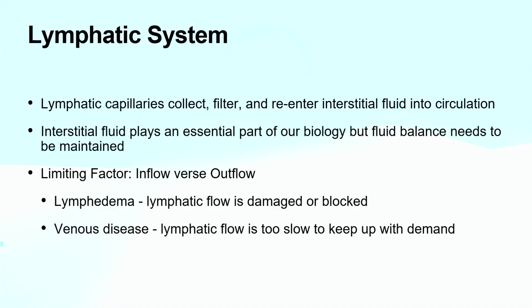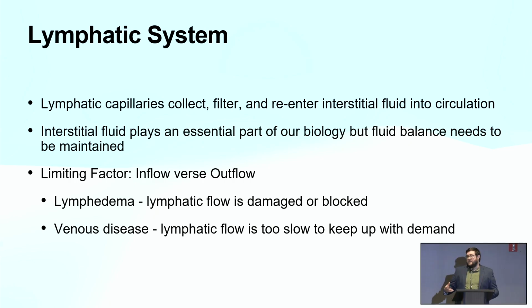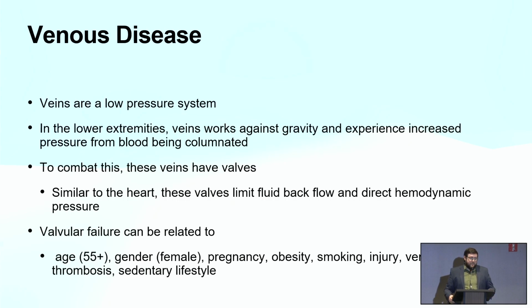On the flip side, we can have venous disease, where the lymphatics may be doing their job, but if the veins are overwhelmed, circulation is not returning, and more fluid is going to accumulate. Either way, you end up with excess interstitial fluid and localized edema.